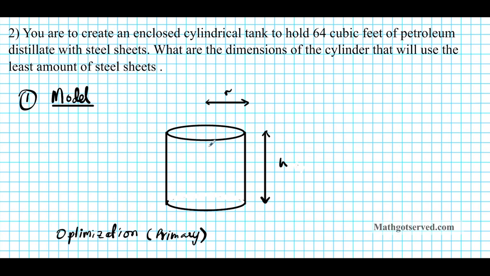Is it going to be the enclosure, the exterior, or the volume? If we're looking at the steel sheets, we're looking at the surface area of the tank. So we're optimizing the surface area, because that's what we're using our steel sheets for, to build the exterior. And since it is enclosed, we're going to be looking at the top, the bottom, and also the sides.